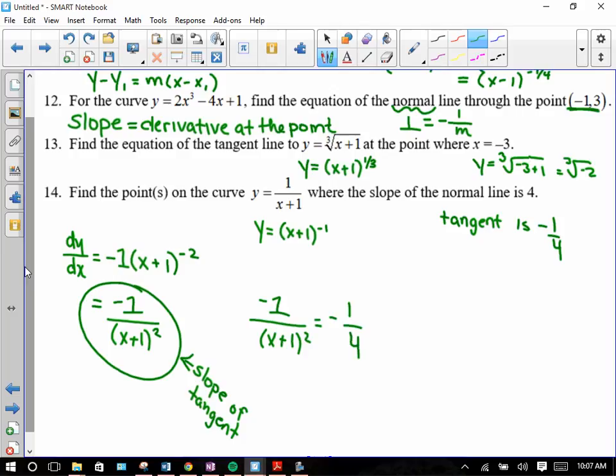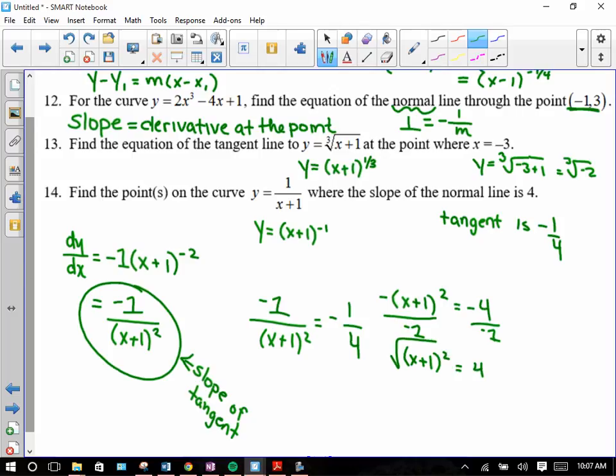Alright. Cross multiply, and we're going to have negative x plus 1 squared is equal to negative 1 times 4, which is negative 4. I'm canceling these negative signs out by dividing by negative 1 on both sides. That gives me x plus 1 squared is equal to 4.